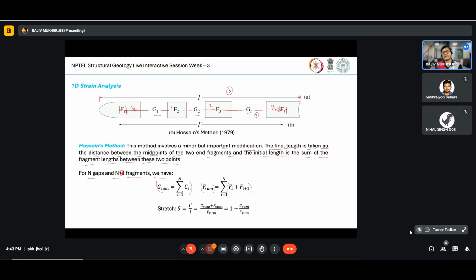Together, it is a whole fragment length, extra is added with the two fragments F2 and F3. So this formula justifies this excess fragment length. And similarly, we can calculate the stretch, which has the formula 1 plus E, where E is the elongation. And similarly, we can calculate the quadratic elongation, lambda. Okay.